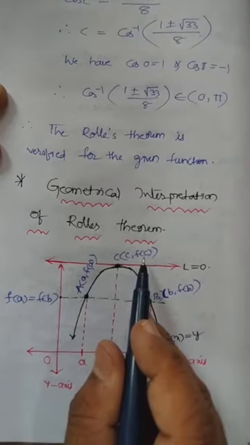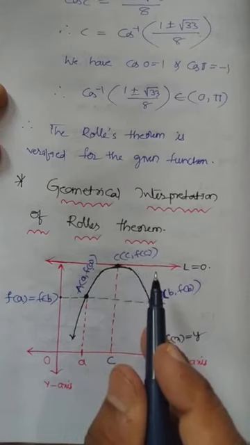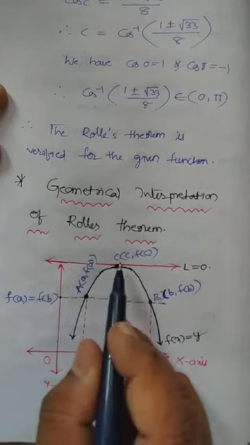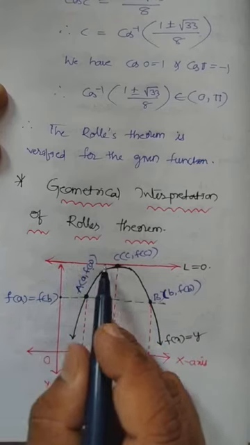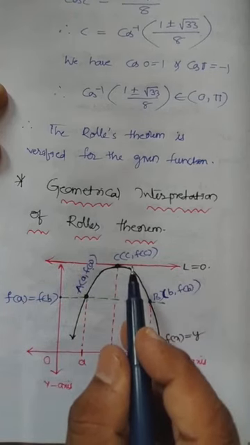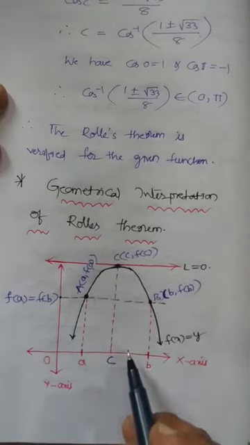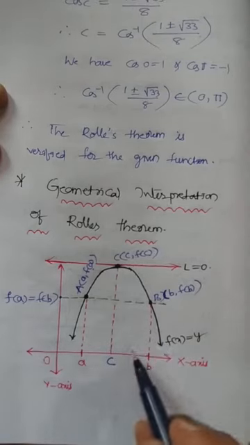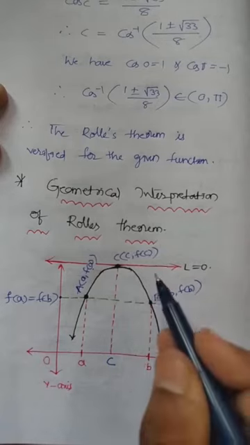F of C is there. Okay. Observe, on this point I am going to draw the tangent line. L is equals to 0. It is how now? It is parallel to x axis. It is how now? It is parallel to x axis.